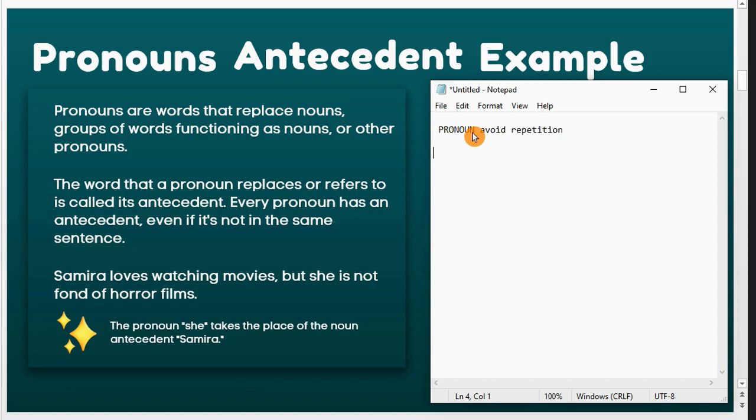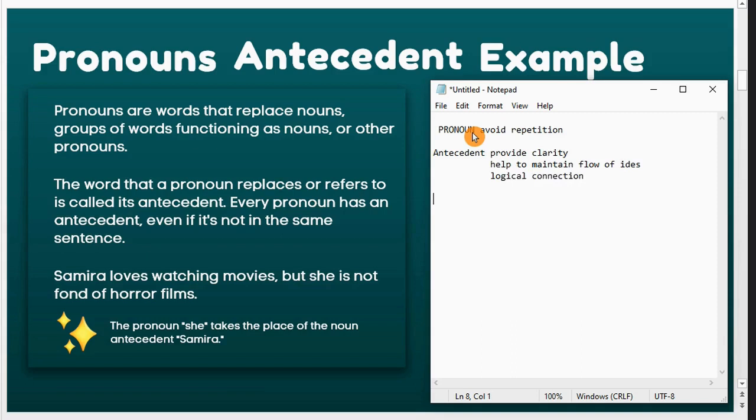On the other hand, antecedent means provide clarity and help to maintain the flow of ideas, a logical connection. We can say it is a logical connection.